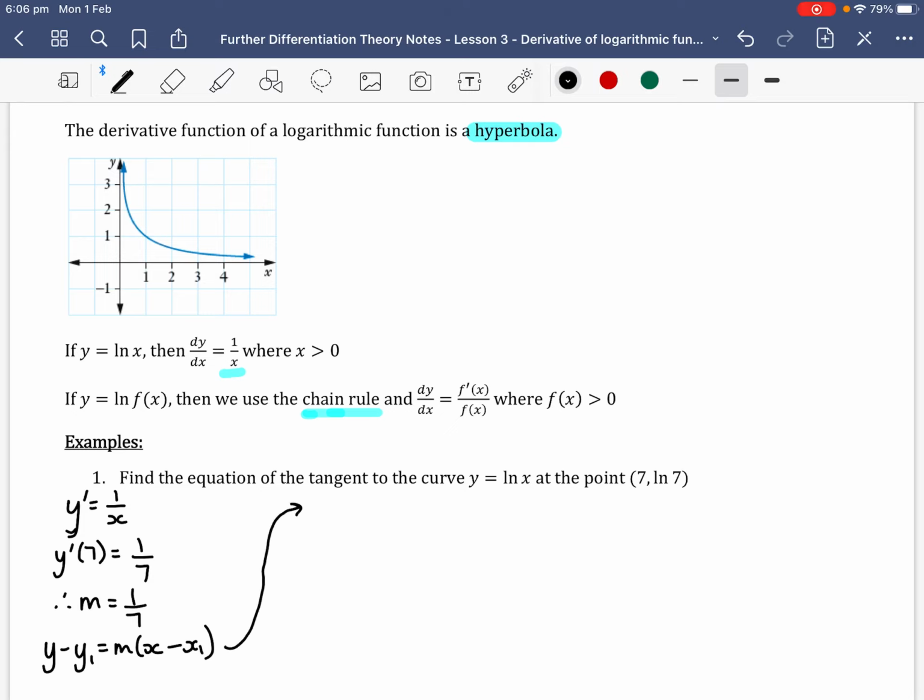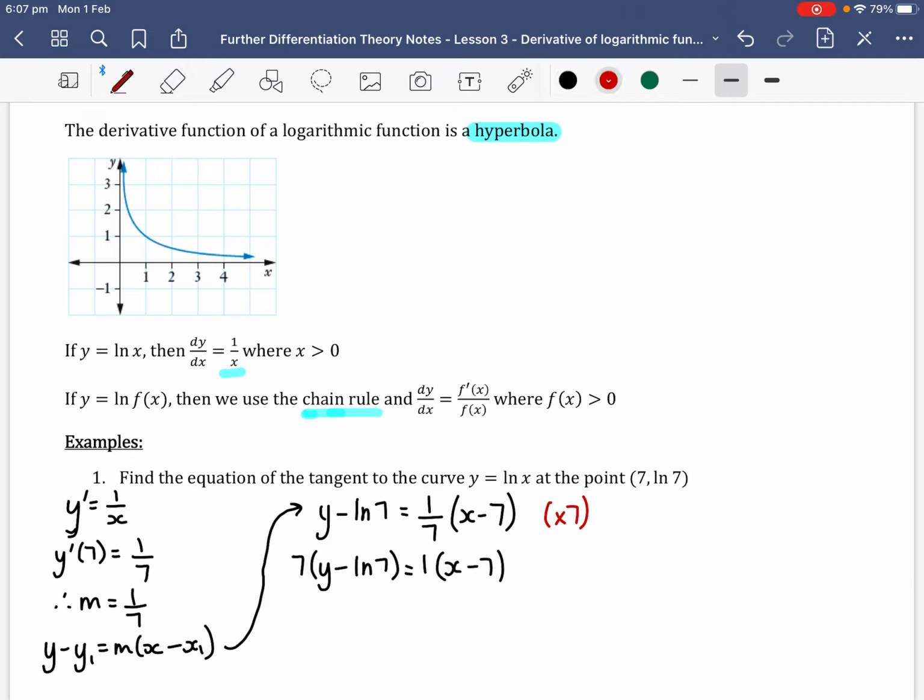So when we substitute this in, we'll have y minus ln 7 equals our gradient of 1 over 7 bracket x minus our x1 point of 7. Whenever we have a fraction as our gradient, we want to get rid of this denominator first, so we multiply both sides of our equation by 7. In doing so, we have 7 bracket y minus ln 7 equals 1 bracket x minus 7.